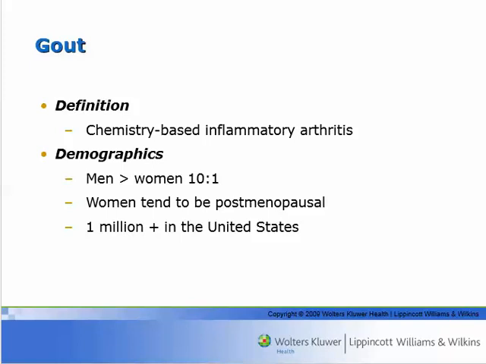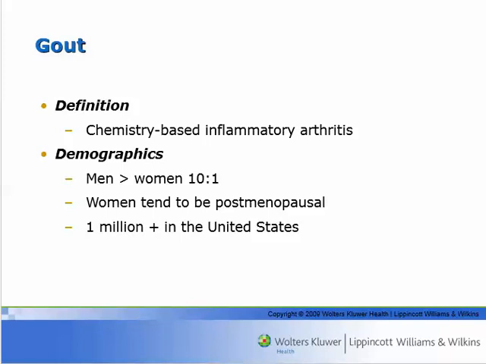It causes acute arthritis that can actually become chronic arthritis, and basically it's when uric acid crystallizes and deposits in the joint, in the synovial fluid.